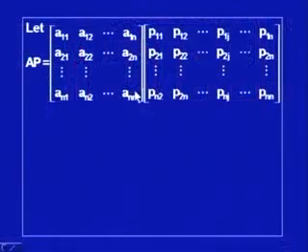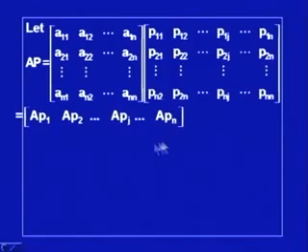Now, let us calculate AP. If A is this n by n matrix, and P is this square matrix, then let us try to find the product matrix. I write this product matrix as a row vector in which AP1 is the product of the matrix A with the column P1.